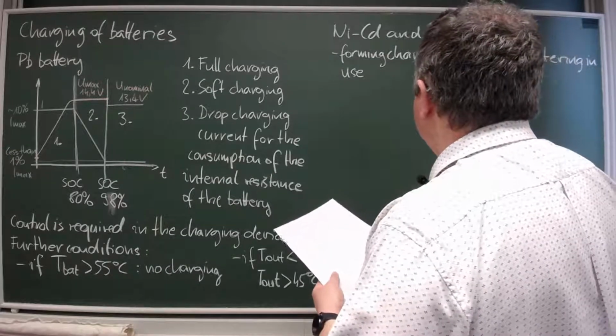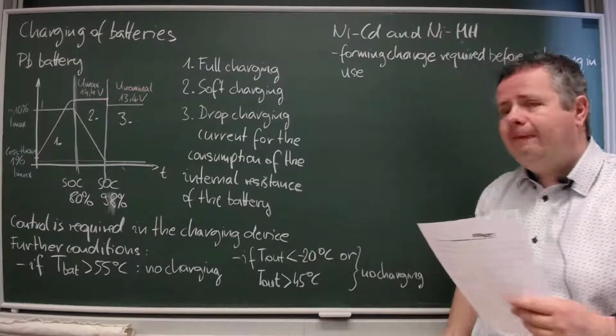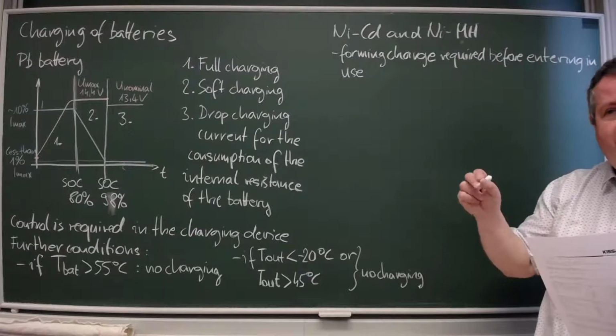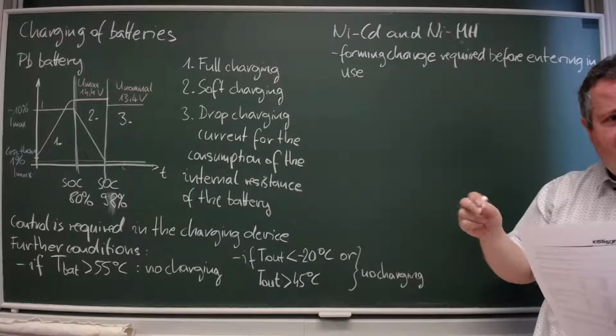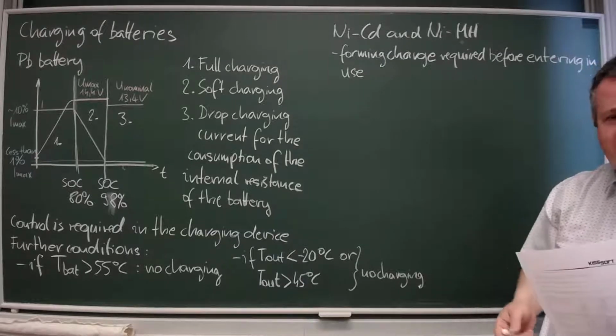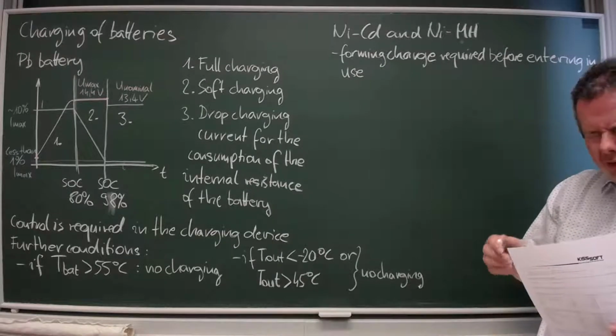And this charge also is required for decreasing the grain size in the electrolyte, because they have no fluid electrolyte, they have more or less a jelly-looking or solid electrolyte, as I told you last week.